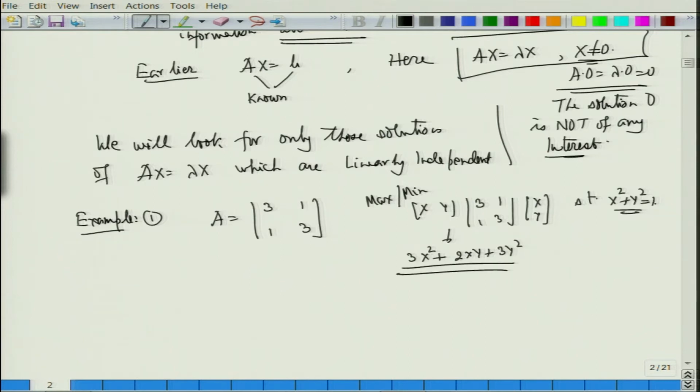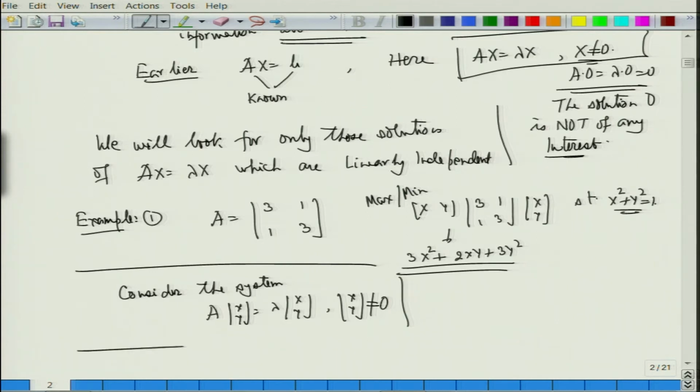I want to maximize or minimize this, fine. So, let us try to solve this. Consider this system A(x y)ᵀ = λ(x y)ᵀ, (x y) not 0, all right, fine.